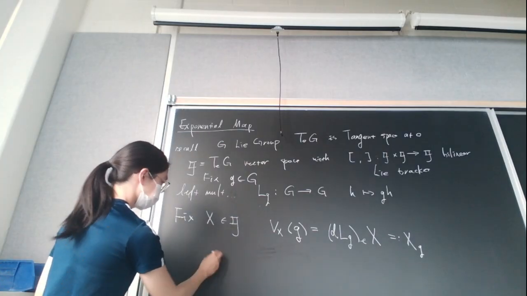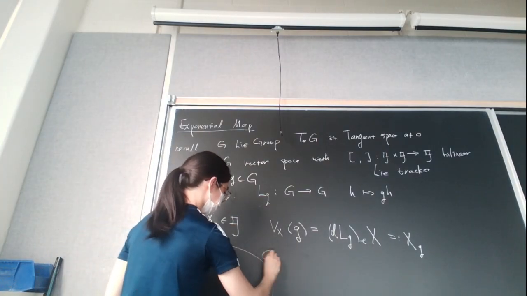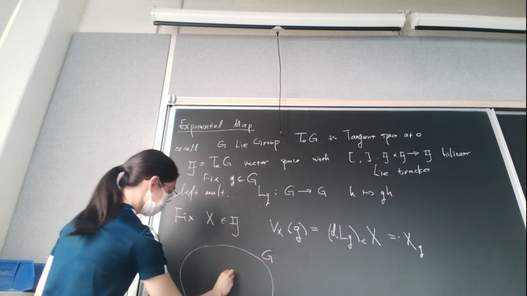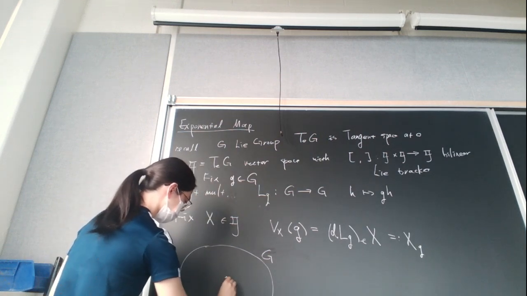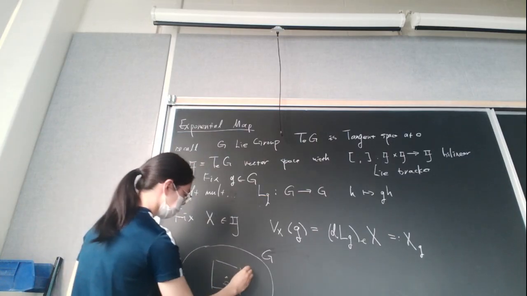And let's draw a picture. This is G. This is the tangent space.